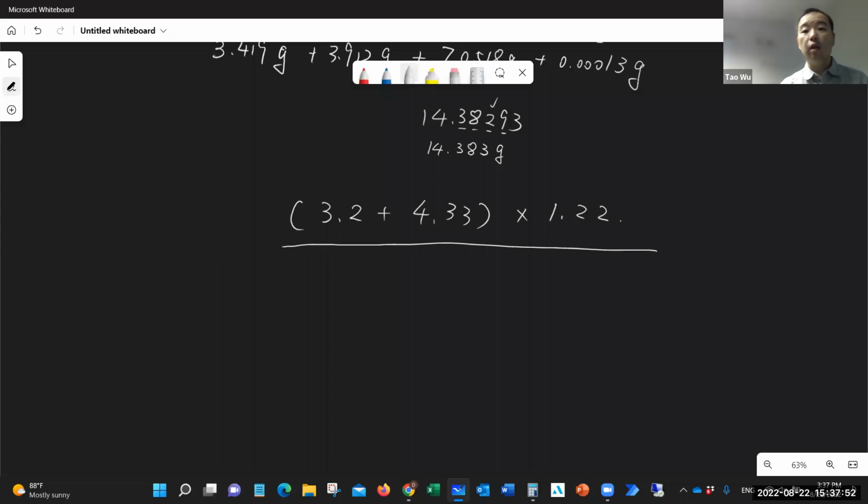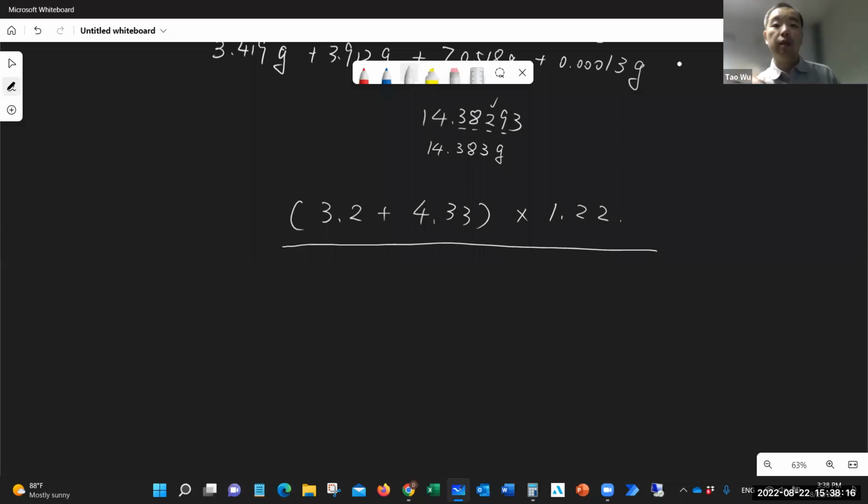Obviously we have to do the addition first, and then we do the multiplication, right? So generally, what you need to do is just follow each rule. Addition follows the addition rule, and then multiplication follows the multiplication rule.